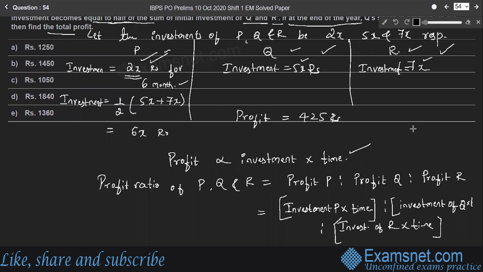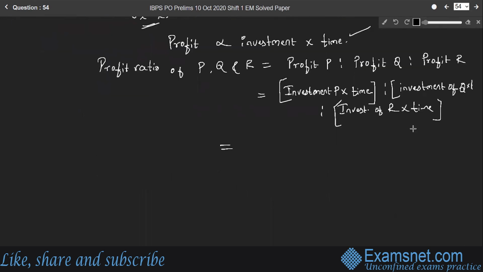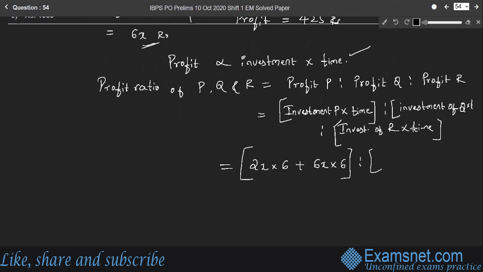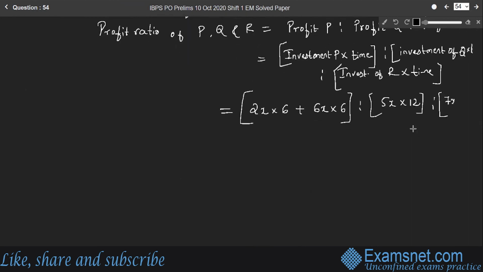After 6 months, 6x rupees. So we'll take twice the investment part: 2x rupees for the time period of 6 months plus 6x rupees for the last 6 months, is to Q has invested 5x rupees for the time period of 12 months, is to R has invested 7x rupees for again 12 months.